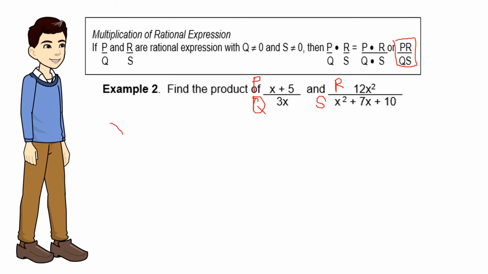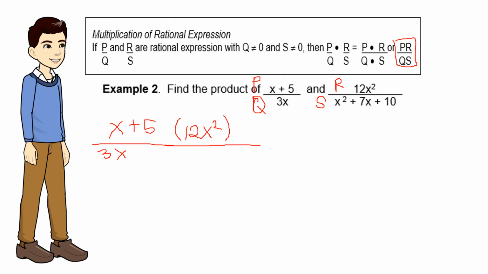Okay, so we have x plus 5 over 3x. Times natin siya sa, pwede natin habaan yung ating bar line, 12x squared.